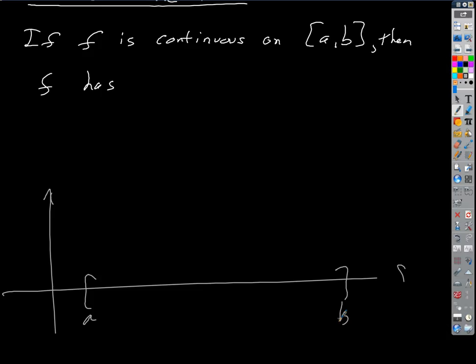It could be shared, but we know we're gonna have a maximum value and a minimum value. Right? That's it. That's called the extreme value theorem. No big deal.